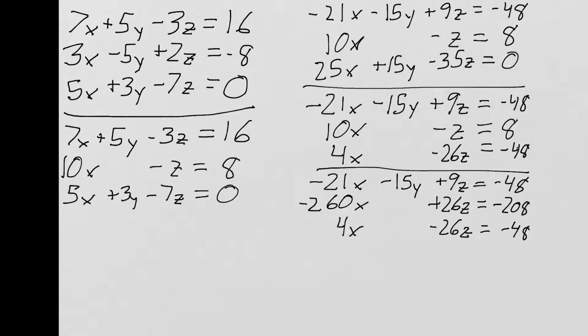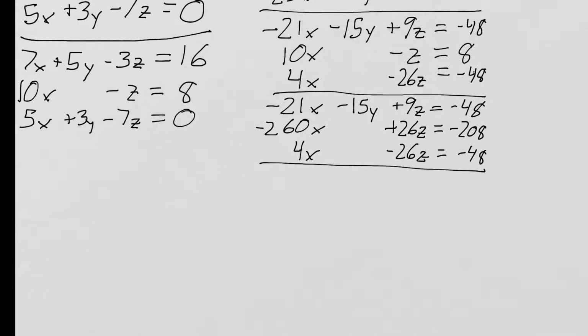I'm going to put my answer to it in the slot for the third equation. So I still have -21x minus 15y plus 9z equals -48.